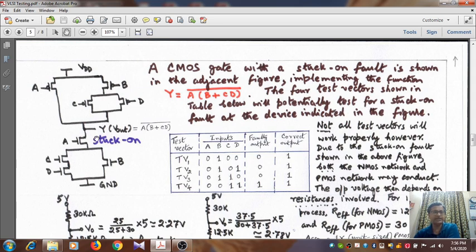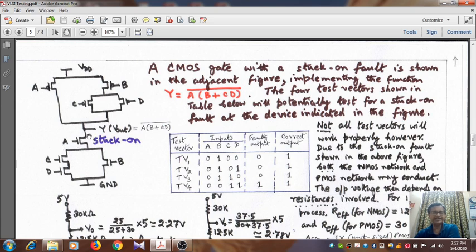The 4 test vectors shown in the table will potentially test for a stuck-on fault at the device. Again, what is a stuck-on fault? If you recall, stuck-on fault means even though this is an NMOS transistor, if you make this logic 0, the source and drain are connected by means of a channel. Somehow there could have been a short circuit between the polysilicon gate and the underlying diffusion source and drain, so that a channel is already existing even without the gate getting a voltage bigger than the threshold voltage.